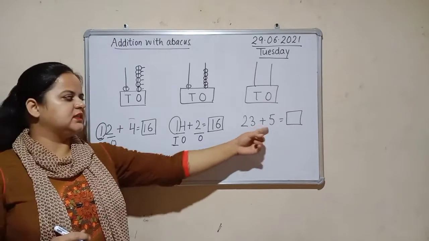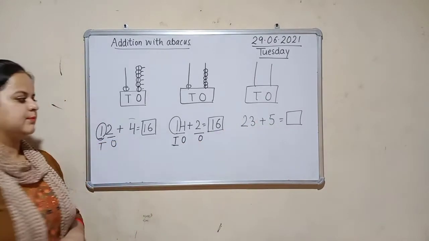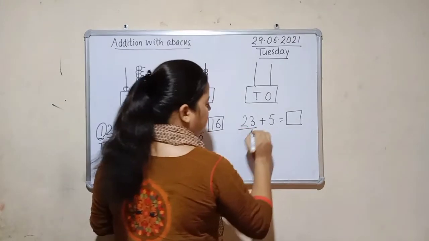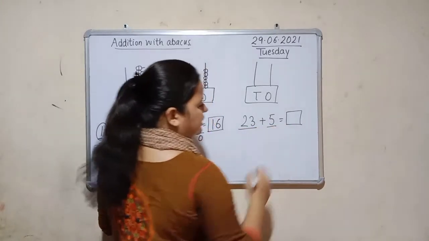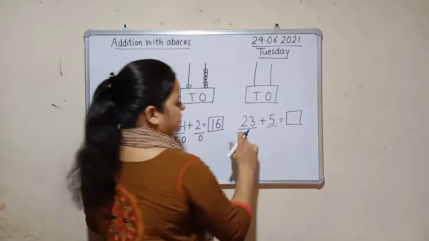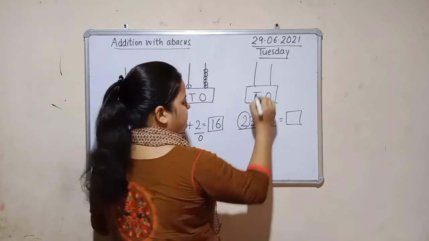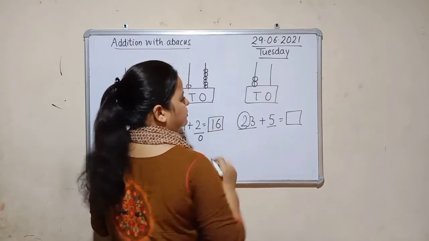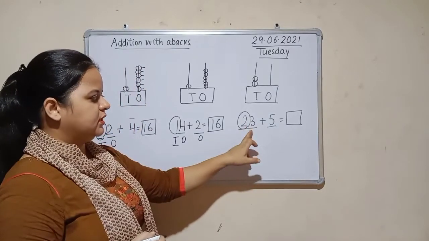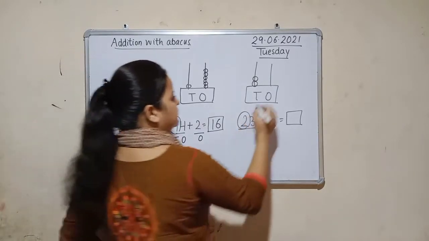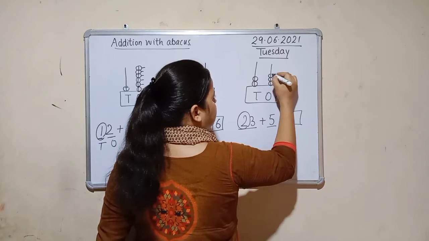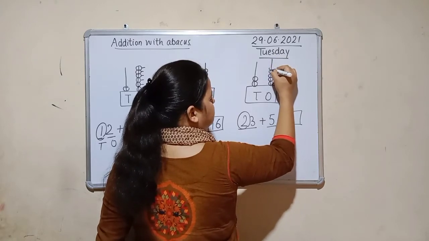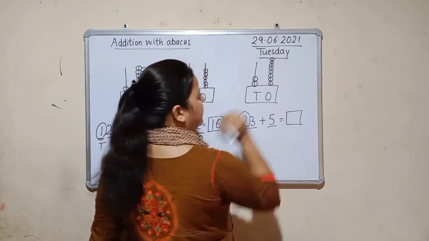Next is 23 plus 5. Again here is a 2-digit number and here is only a 1-digit number. So we have only 2 tens, 1, 2, and 3 and 5 ones. 1, 2, 3. 1, 2, 3, 4, 5.